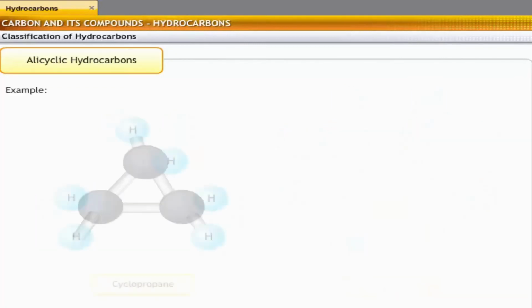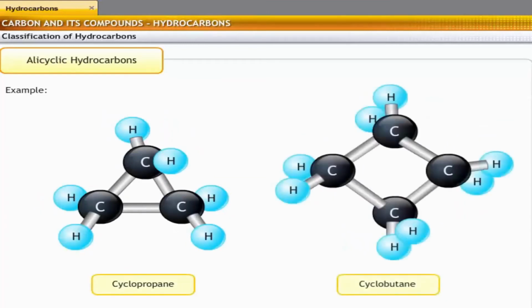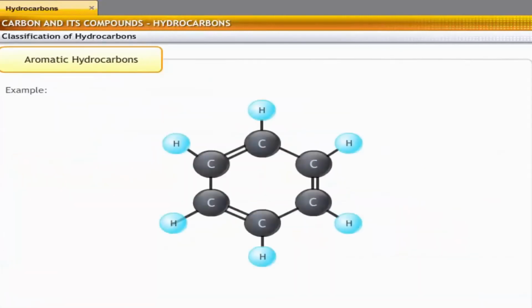For example, cyclopropane, cyclobutane, etc. The cyclic compounds which contain single and double bonds at alternate positions and exhibit special properties are known as aromatic compounds. For example, benzene.